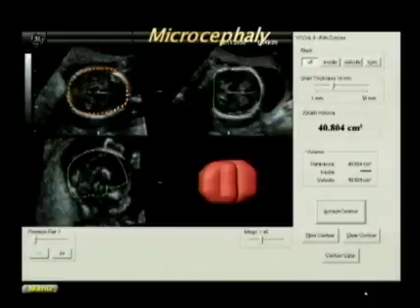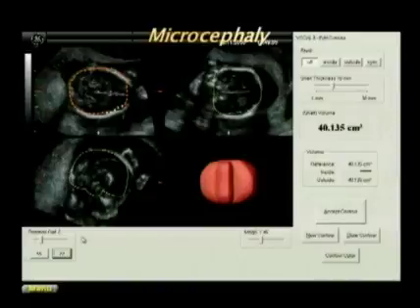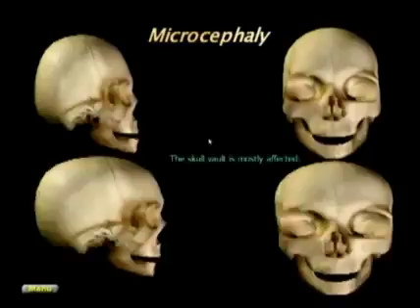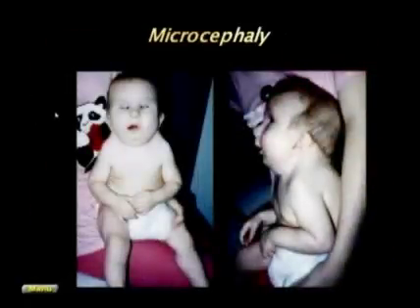And here you see the volume of the brain has been calculated, and you can correct the different slices to make them a bit more precise and get a better idea of what the brain should be. Once you have that, you can put the measurements in a table, and that table gives a nomogram with the size of the brain.